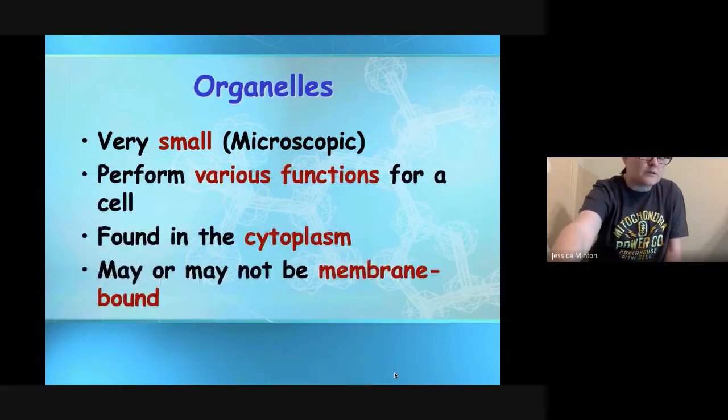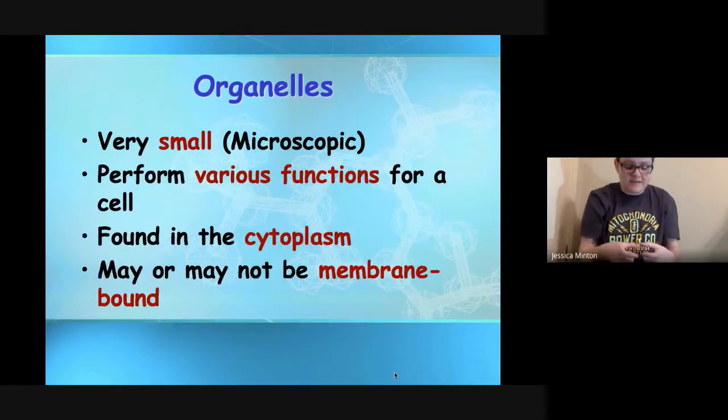The first thing we find about these organelles is they have to be even smaller than the cells themselves. When we look through most school microscopes, at least the ones that we use, I can see a cell and some of the larger parts that are stained, like the nuclei.